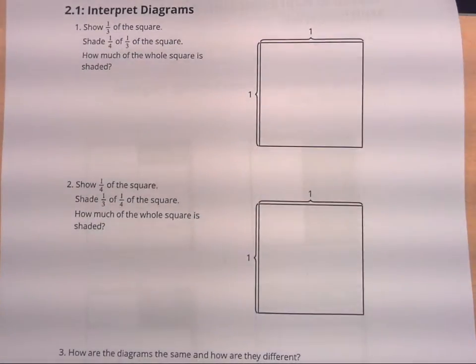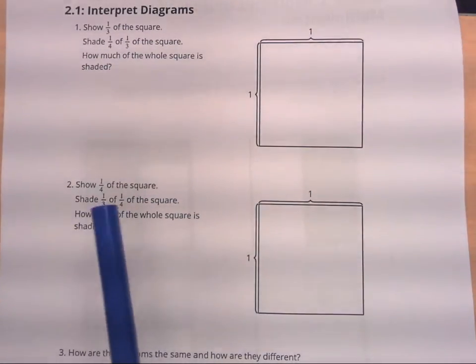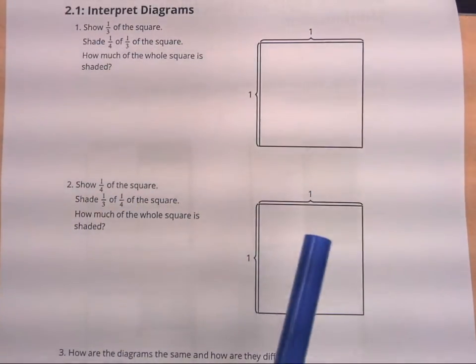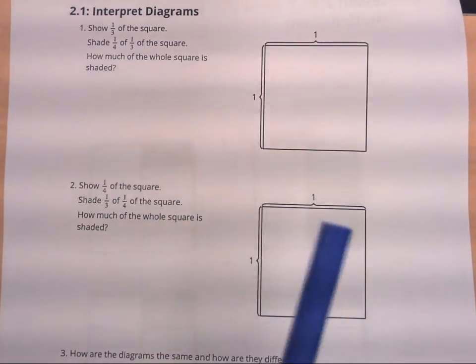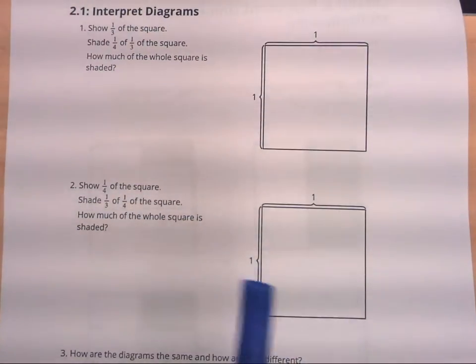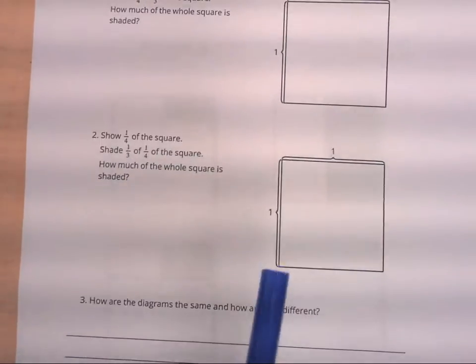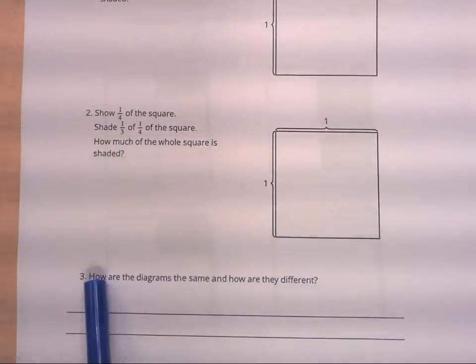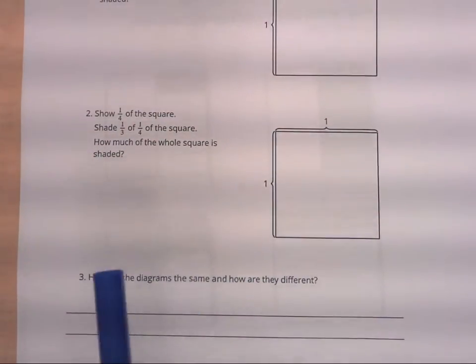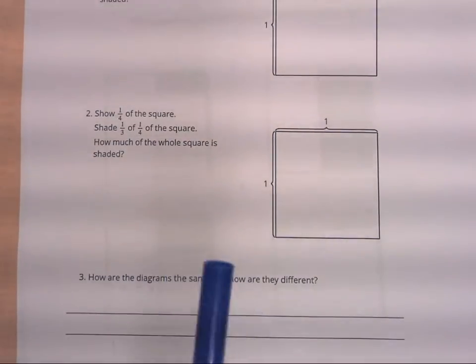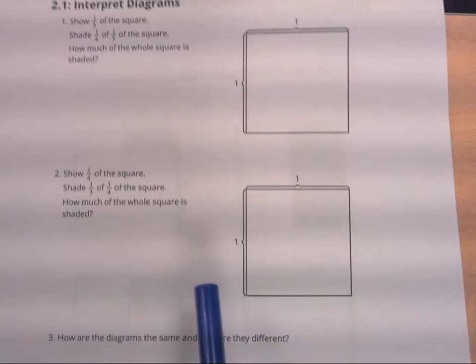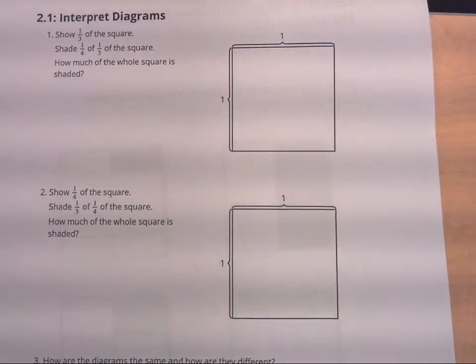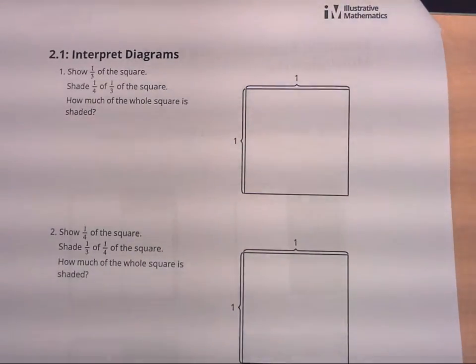And after they did that, they were challenged to show 1/4 of this square and then shade 1/3 of a fourth. And after they worked on that, they were asked to think about how both diagrams were similar and also how they were different.